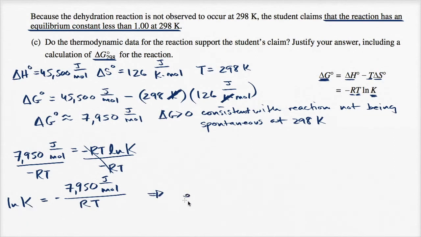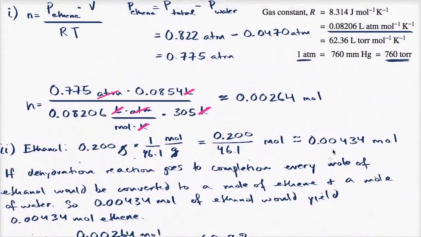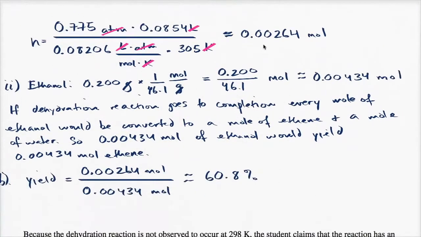So you could say e to the negative 7,950 joules per mole over RT is going to be equal to K. And we could actually calculate what this is. We know which R to use. We're dealing with joules and moles, so it would be this first gas constant right over here, 8.314 joules per mole Kelvin.